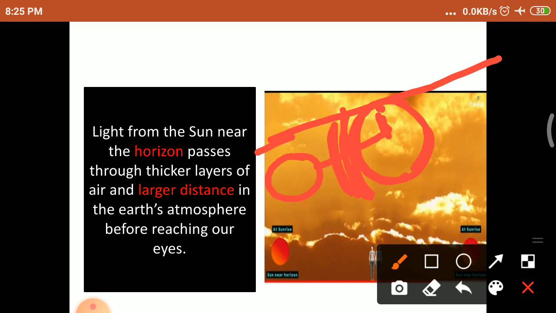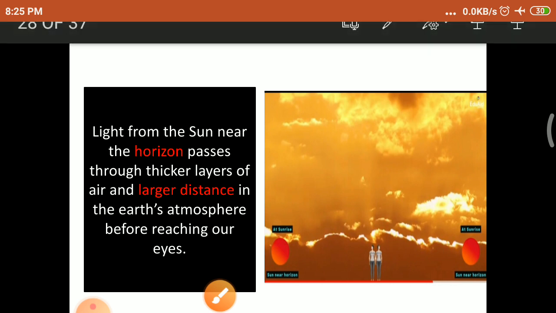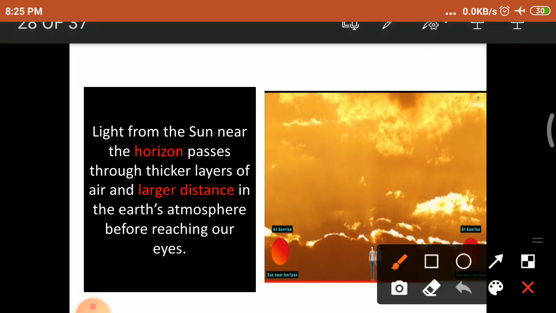So when the sunlight enter into the earth atmosphere, the small size particles scatter the blue light. The longest wavelength of red only travel a longer distance and reach eye. So during the sunrise, the sky appears red. The same as sunset also.